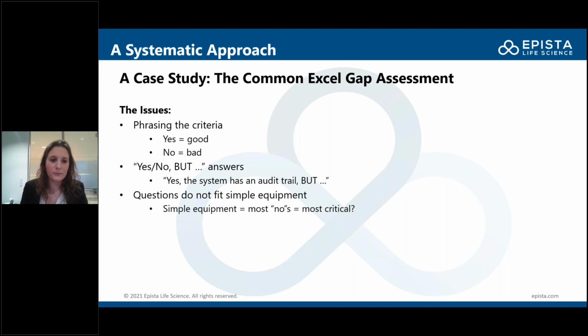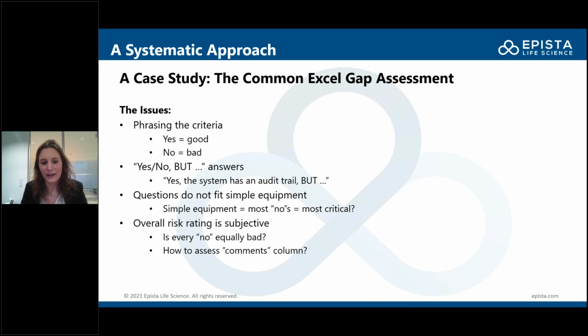The other big problem that you typically have with those gap assessments is that if you really use one for all of your equipment and systems, you will figure out that your simple equipment has a lot of no's in there. Does your pH meter have an audit trail? No. Does it have user management, with user hierarchies? No, it doesn't. So that ultimately leads to the question, well, if I now have a system that has all those no's, is this then the most critical system that I have?